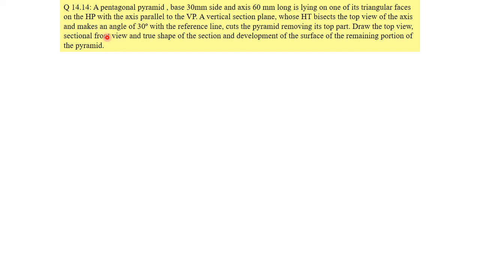A vertical section plane whose HT bisects the top view of the axis and makes an angle of 30 degrees with the reference line cuts the pyramid, removing its top part. Draw the top view, sectional front view and true shape of the section. Okay, so this is the question.